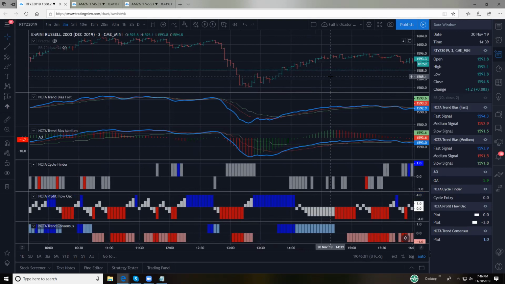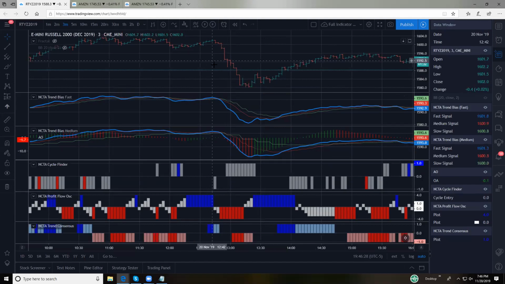Aaron really enjoys trading the A method, where she's really just waiting for the trend bias to align with the AO. And it's really nice, and she recognizes that it also happens to coincide with a B entry or C entry or super cycle.